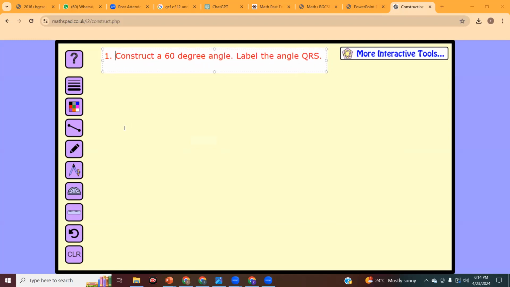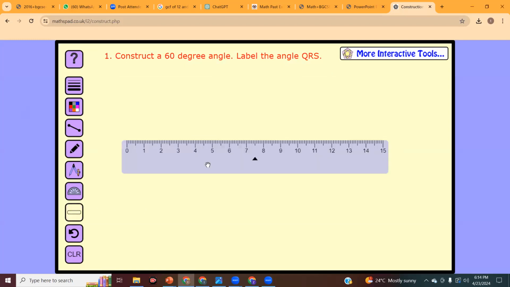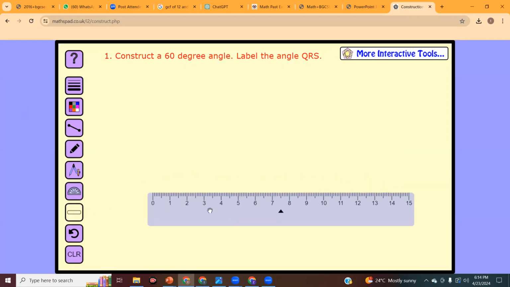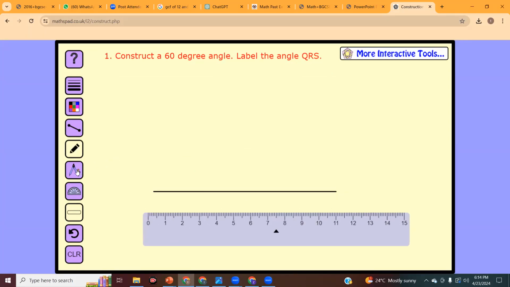The first thing we're going to do is draw a line of any length. Before we get our compass, let's label the line.